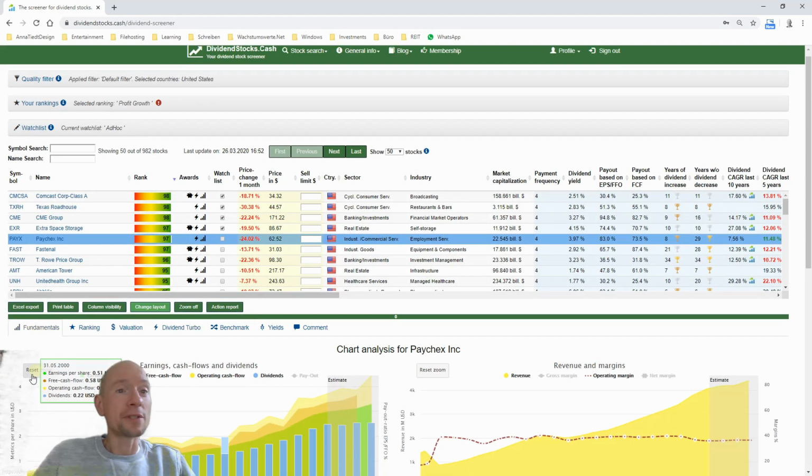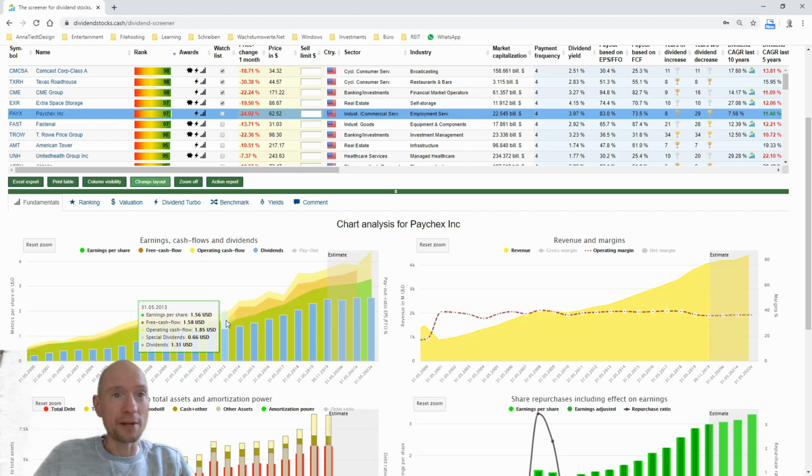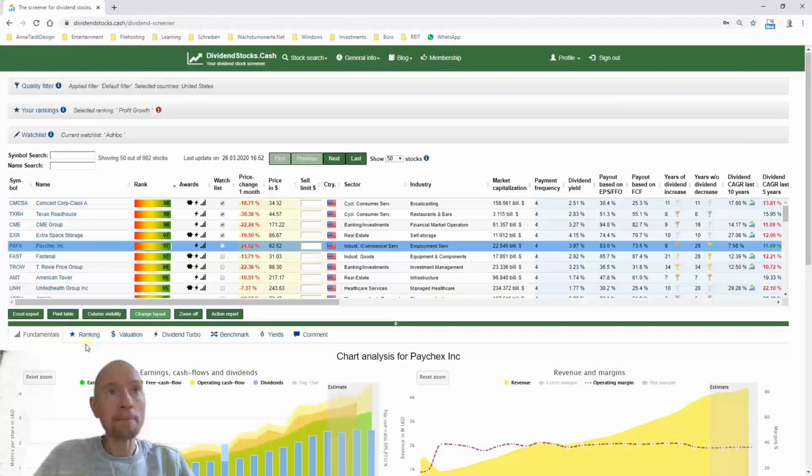You can also see that special dividends were paid here in this chart.